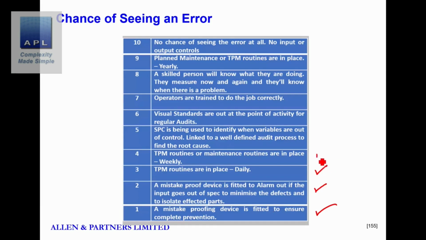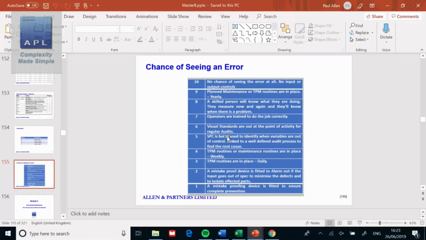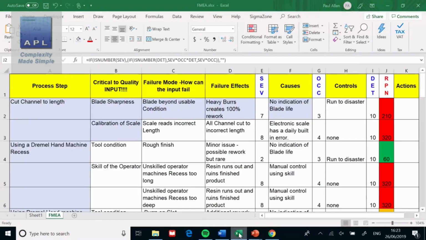I might actually swap those two over, looking at it at the moment. I think those two should be the other way around. But you can see that these are clear and unambiguous scores. If you have SPC in place to control the problem, you straight away just give it a 5. There is no argument. So in my case, I've given it a 10 because there was no controls.